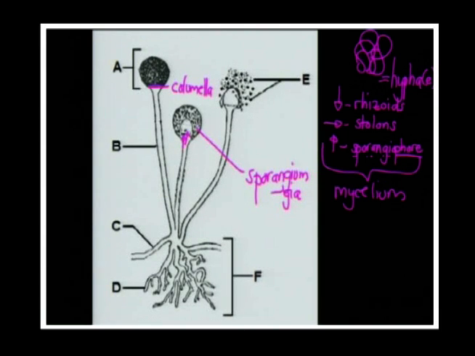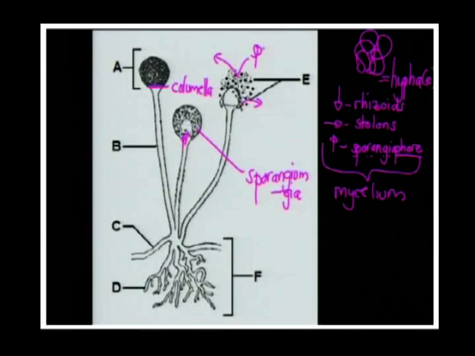This will create the most incredible pressure buildup on the inside of the sporangium, so that sporangium will burst open, and as it bursts open, so these tiny little structures, which are the spores, will be flung out. They are flung out to take them as far away as possible from the parent plant so that they can grow on their own little piece of bread and not compete with the parent plant for food.